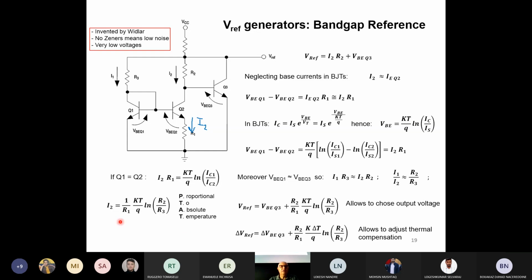Basically, if you want a voltage proportional to the absolute temperature, you just send this current to a fixed resistor, and so you can convert a current into a voltage. That's what the LM35 does, basically. It gives you a voltage of more or less 10 millivolts per Celsius degree. Obviously, this is correct if we suppose that all the transistors are working.